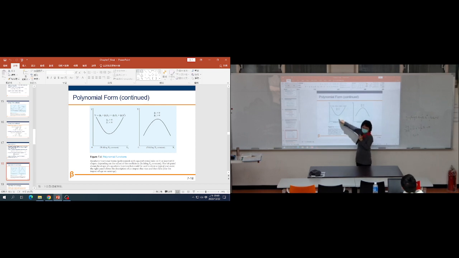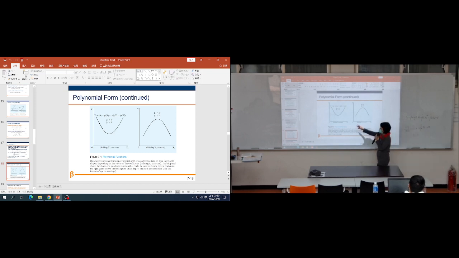Here it decreases first, touches the lowest point, then turns upward, so beta 2 is positive. Here it increases first, so beta 1 is greater than 0, then touches the top point, then goes downward, so beta 2 is less than 0.